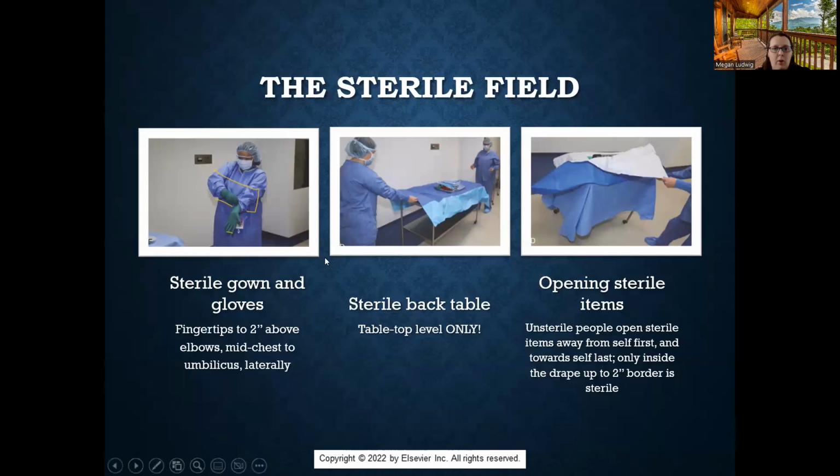So if you are trying to move this table, maybe bring it up to the patient, you can't be grasping under the edges. You have to keep your hands straight on top and slide it that way, okay? You'll see people do it wrong once you go to clinicals, but that is the correct way to do it. That is tabletop level only. You cannot reach or have anything hanging below that sterile level tabletop, okay?